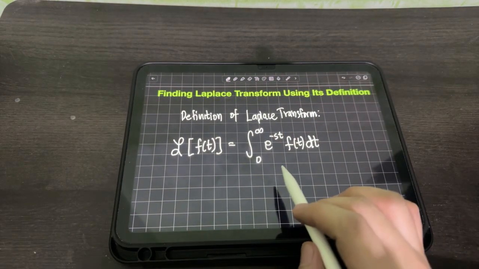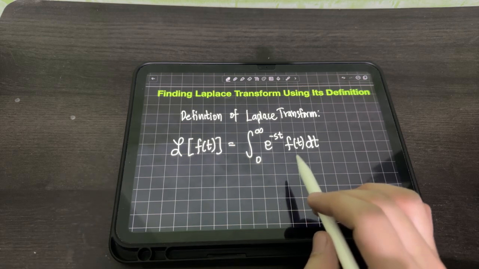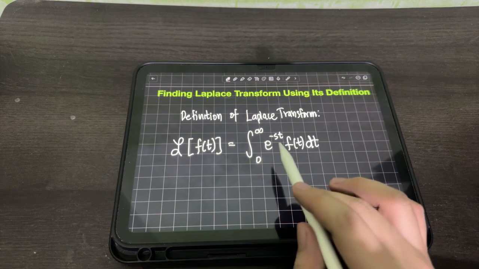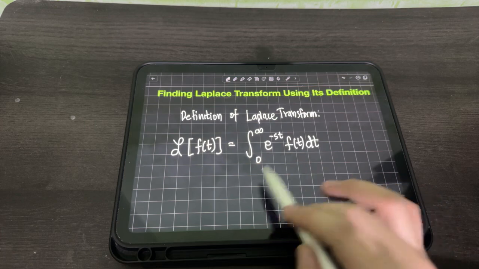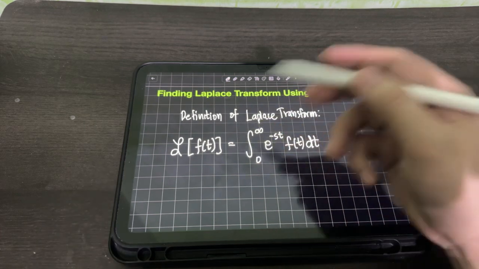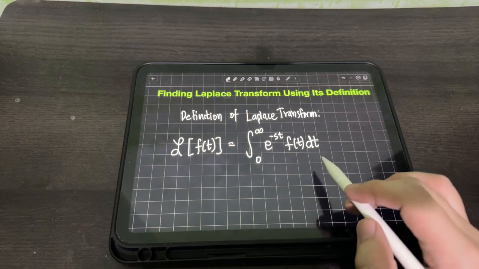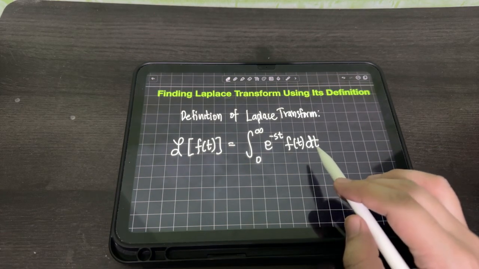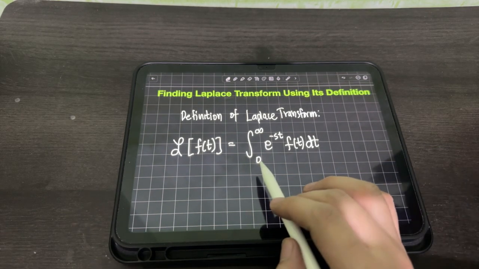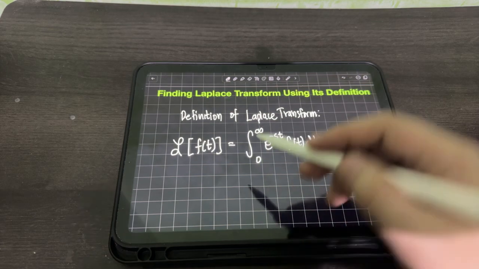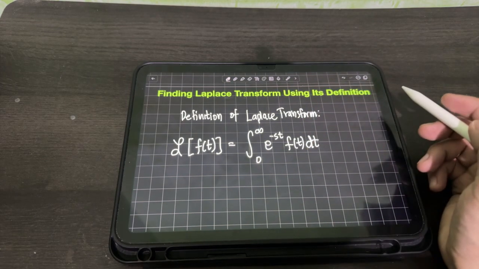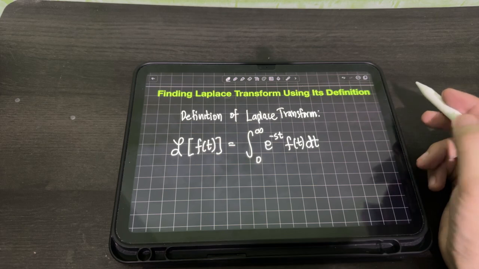So here we have an improper integral, because one of the limits is infinity. This is a unilateral definition for Laplace transform because we have a lower limit of 0 and an upper limit of positive infinity.